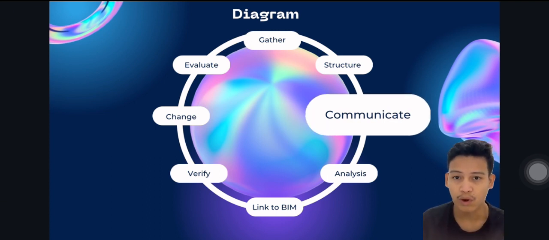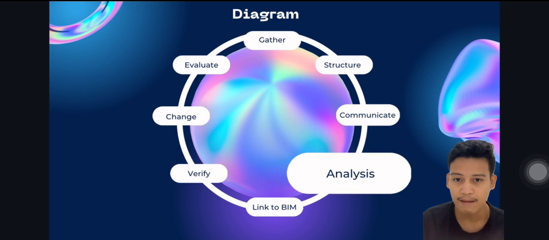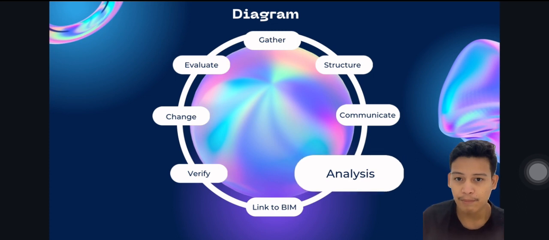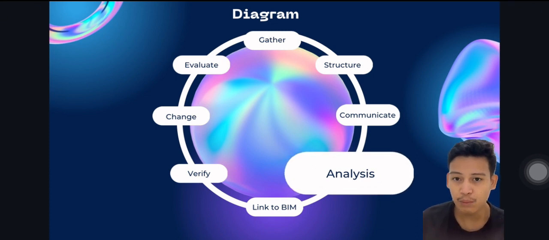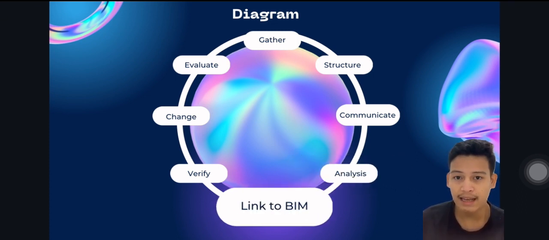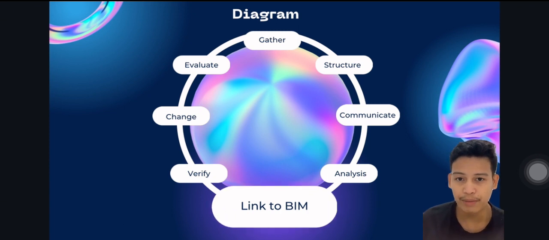The fourth one is the analysis. Analysis means to examine and study the requirements to ensure they make sense and are achievable. The fifth one is linked to BIM or Building Information Modeling.